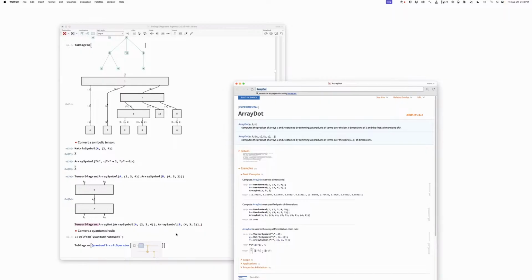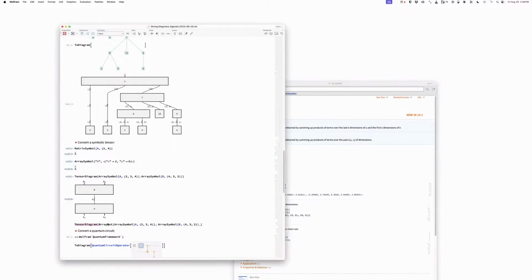Oh, I see. But I want to do this: if I say tensor contract, and then I say tensor product. I'm not going to guarantee that it will work as you expect, but let's see. Okay, so this tensor contract now has in it a contraction, which says pairs.